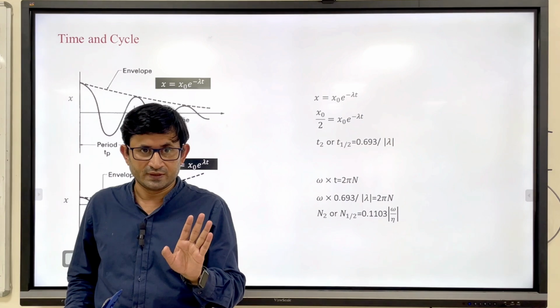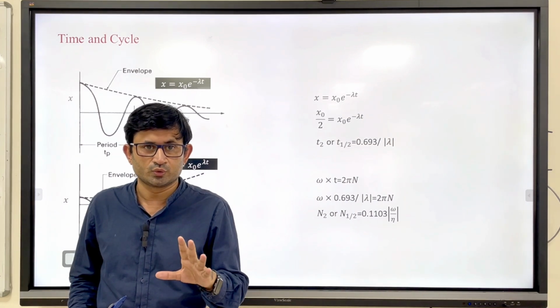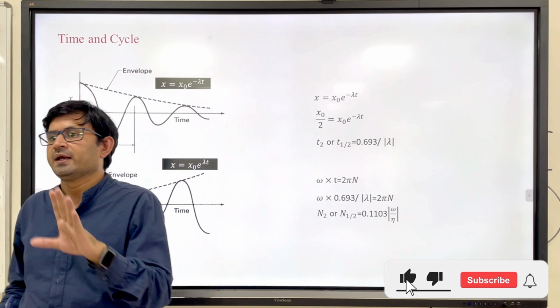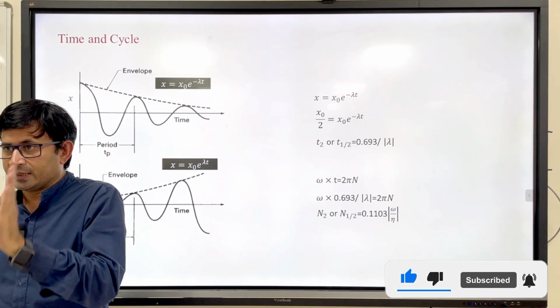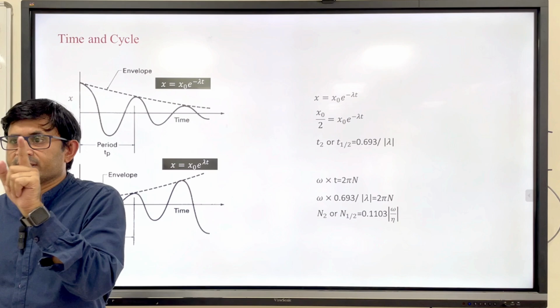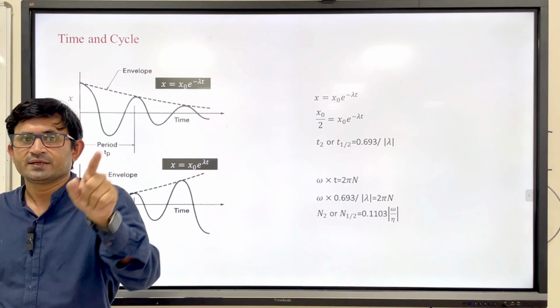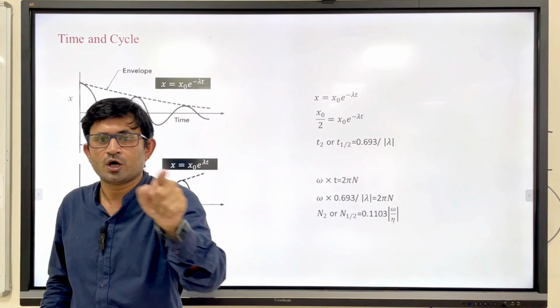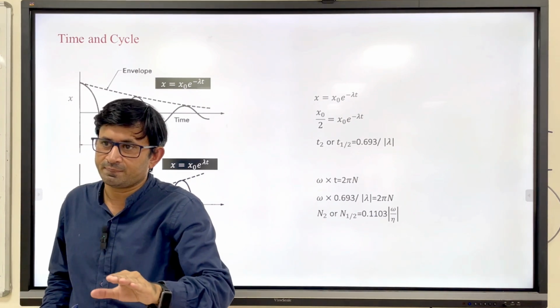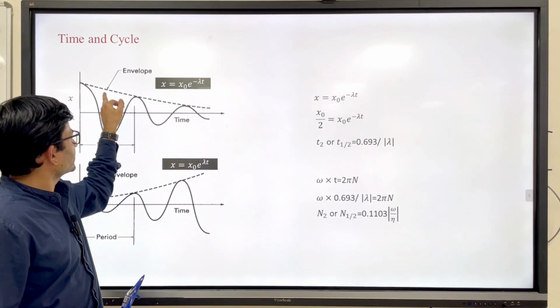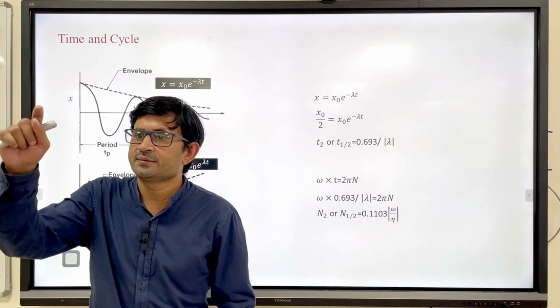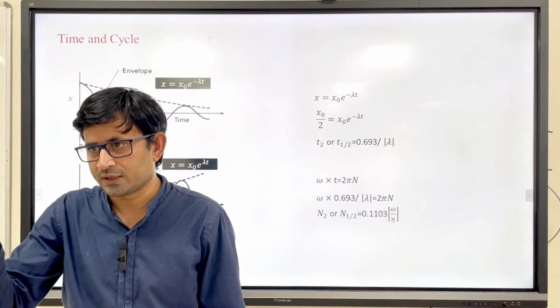If the aircraft or any system has a pair of roots, which consist of a real part and an imaginary part, the real part denotes whether the system is converging or diverging. If the real part is negative, then it is converging. And due to the imaginary part, you will see the oscillation, which we also discussed.